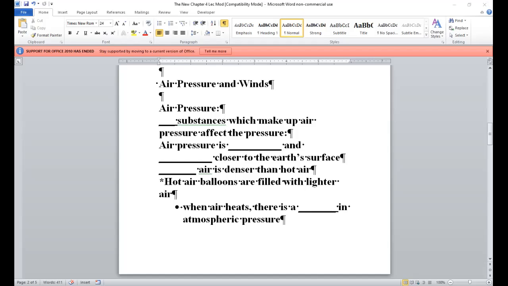So, another way to look at this: the higher you go, the lighter the air. And there's a drop in pressure. The lower you go to the Earth's surface, there's a rise in pressure. Higher air equals the higher air pressure equals cold air.